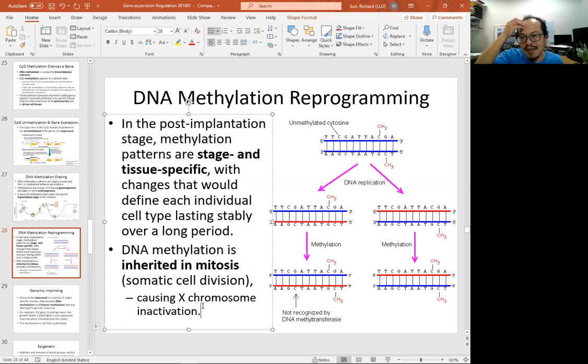And that is because their X chromosome, the initial one, has this methylation to silence, to suppress one X chromosome. And their daughter cells will carry the same pattern over. So when they divide, this region will carry the same pattern of DNA methylation, the same pattern of X inactivation. So that's that.